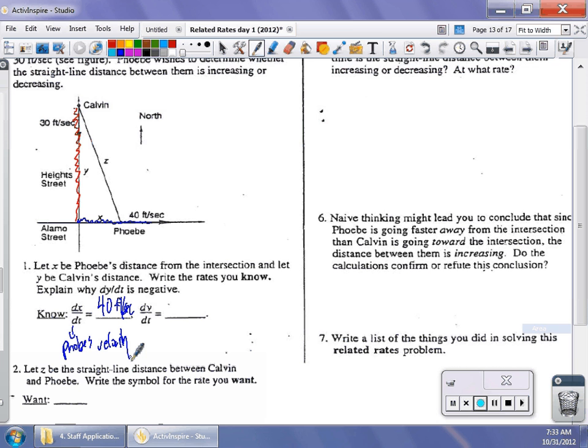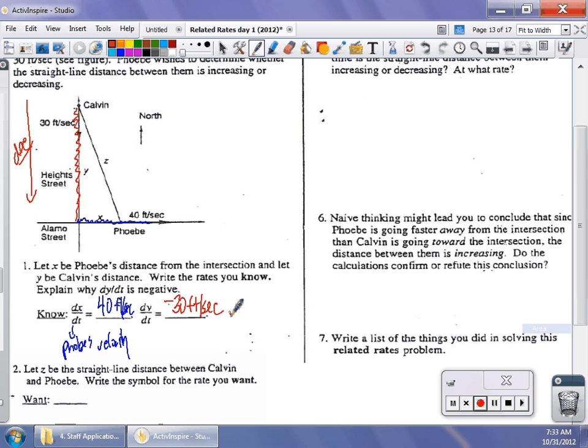dy/dt, now they've already kind of hinted to you that that rate is negative, and the reason is because the distance between Calvin and the intersection is decreasing. So if that distance is decreasing, then his velocity is going to be negative, so we indicate negative 30 feet per second.